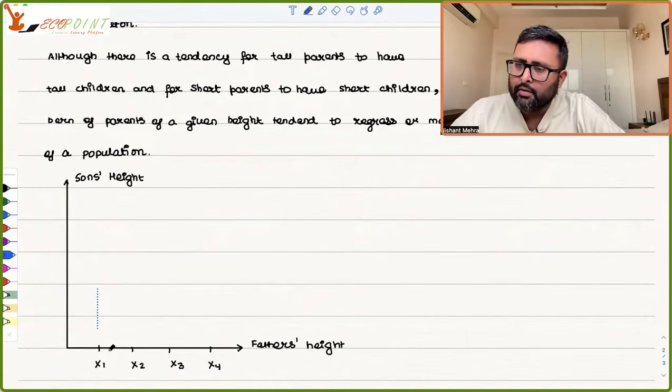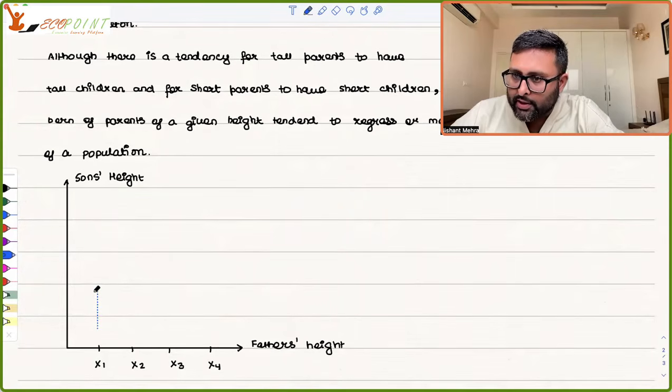In one population, we have taken fathers whose height is 5 feet, and for each of these fathers we have taken the son's height. What are their heights? They will be in a range, say from 4.9 to 5.3 somewhere.